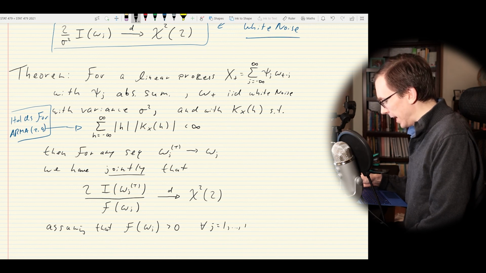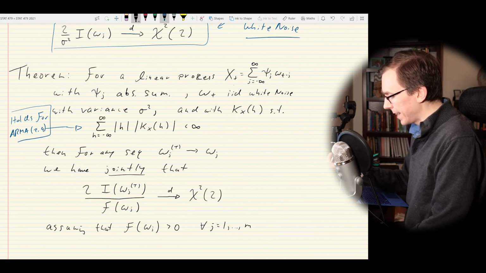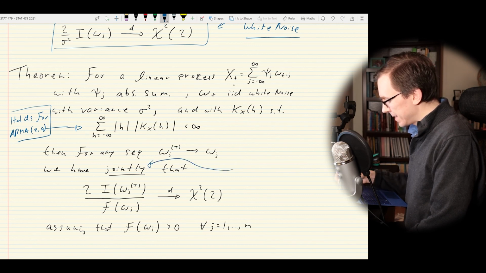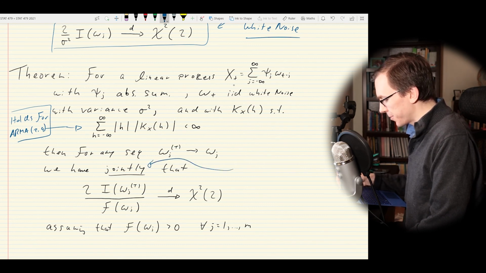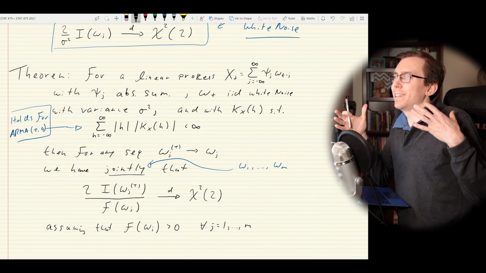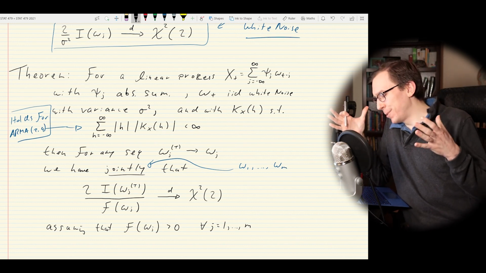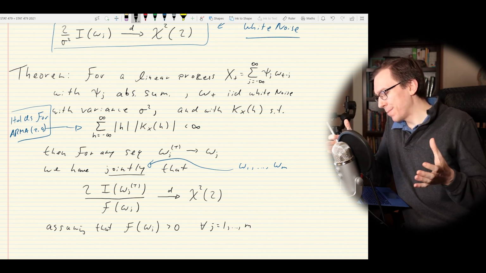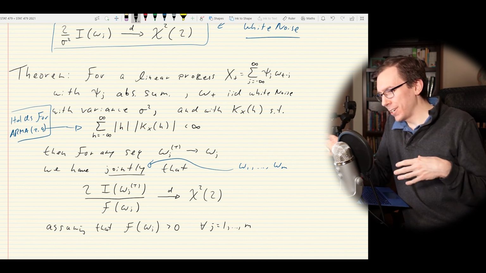Oh yes, I should highlight that. What I meant by jointly is that this is a joint convergence in distribution for, say, omega_1 through omega_m. So again, with random variables, you could have convergence in distribution of one random variable, or you could have another one.